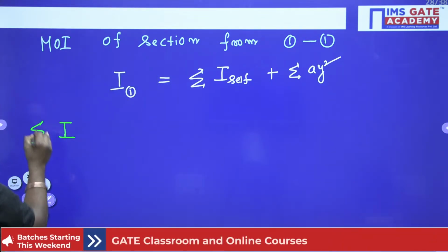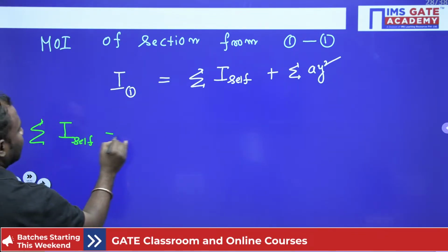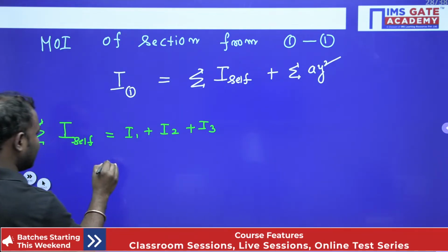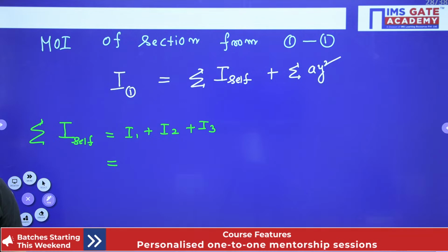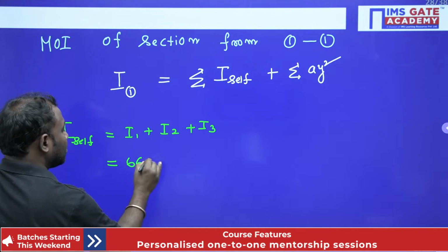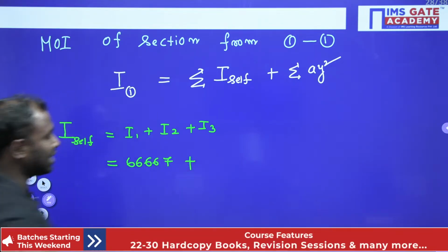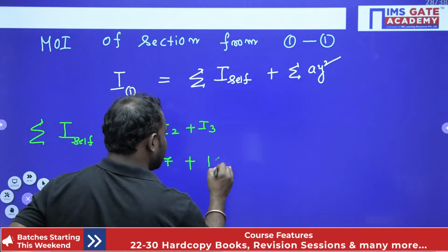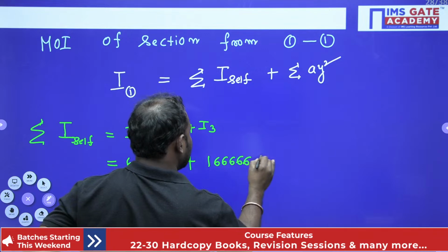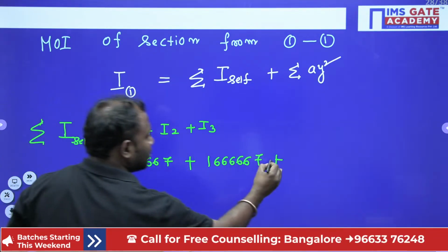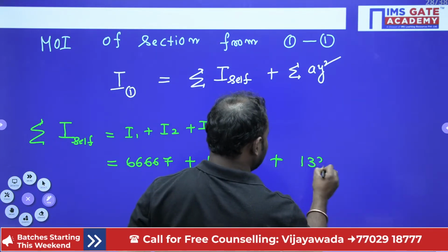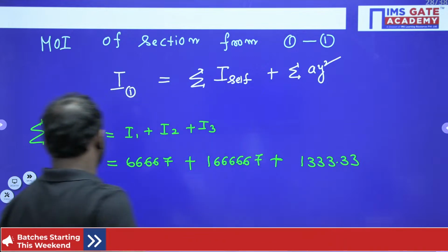Sigma I self, that means I1 plus I2 plus I3, is equal to, I1 is 666667 plus I2 is 1666667 plus I3 is 1,333.33. Isn't it, guys? Right?